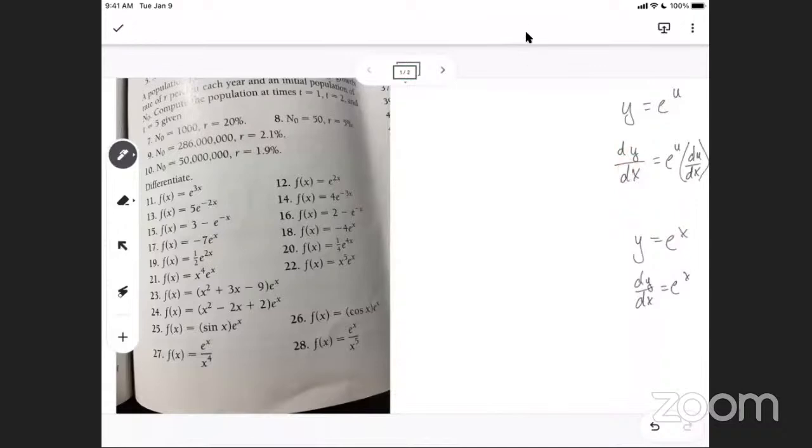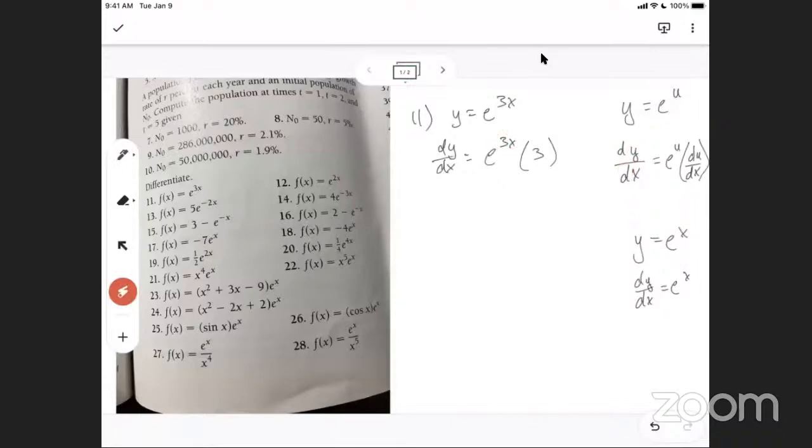So let me do some of these problems for you. Number 11: if y equals e to the 3x, then the derivative of y, which also can be written as that, or here, let me be consistent, dy dx is equal to e to the 3x times 3, because 3 is the derivative of 3x.